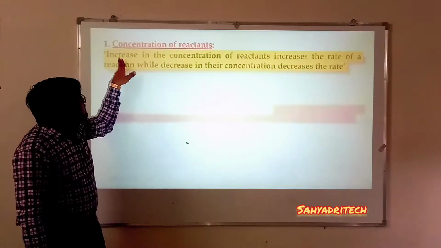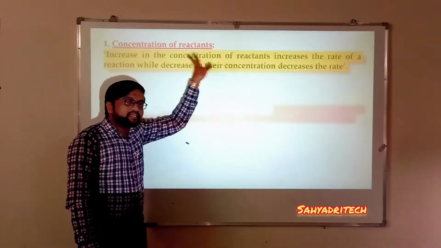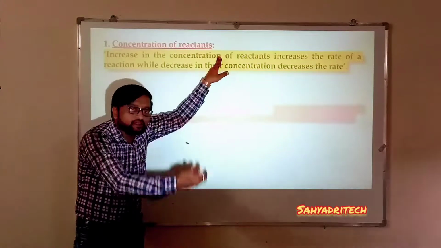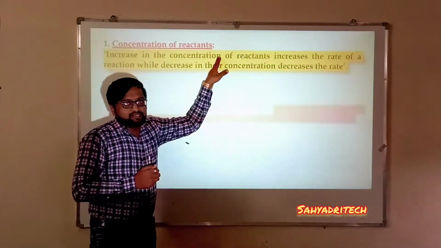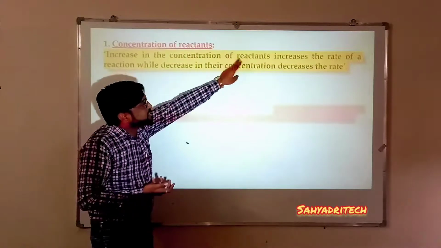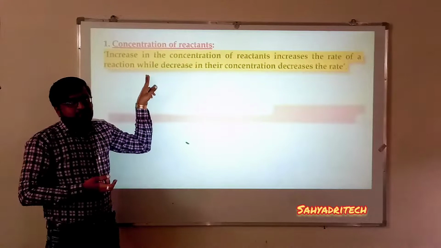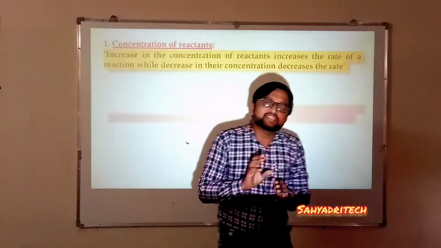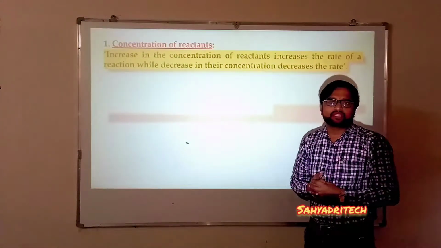What is that? An increase in the concentration of a reactant means we are increasing the quantity of a reactant per liter of a solution. If you increase the concentration, what happens? The rate of reaction also increases, while a decrease in the concentration of a reactant decreases the rate of a reaction, or I can say the velocity of a reaction.